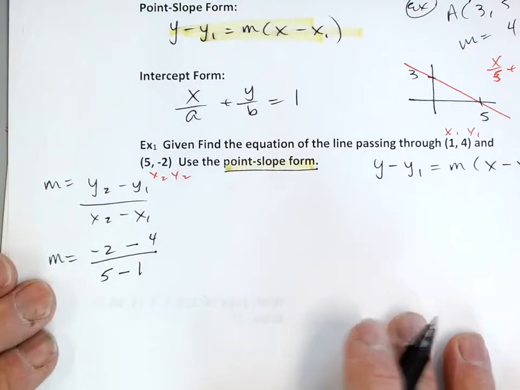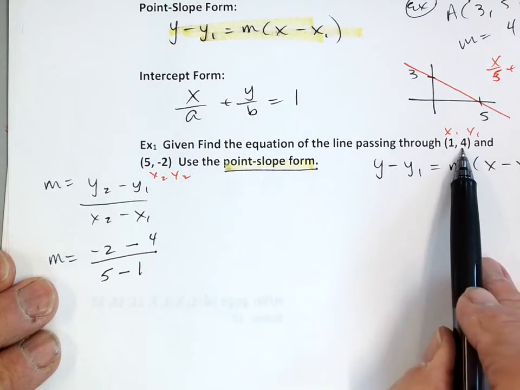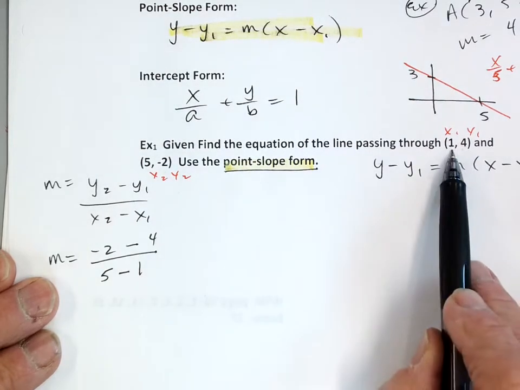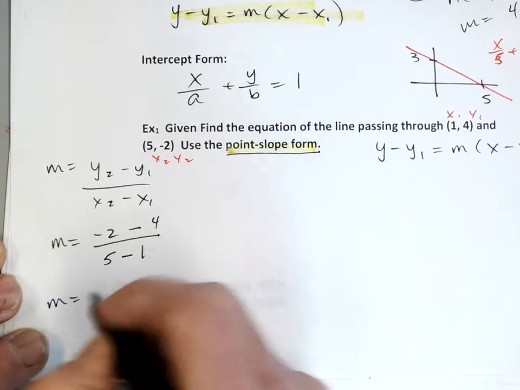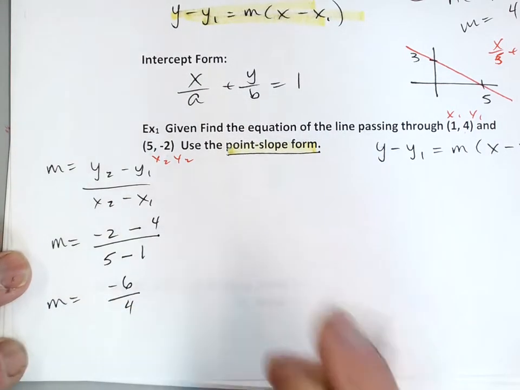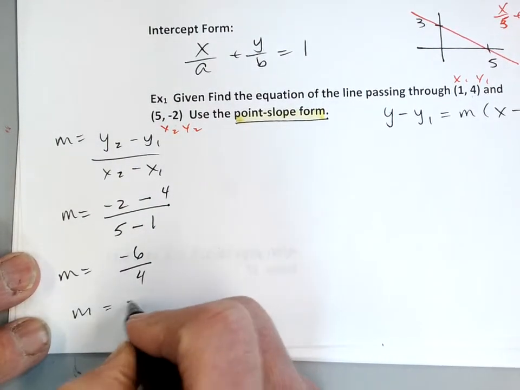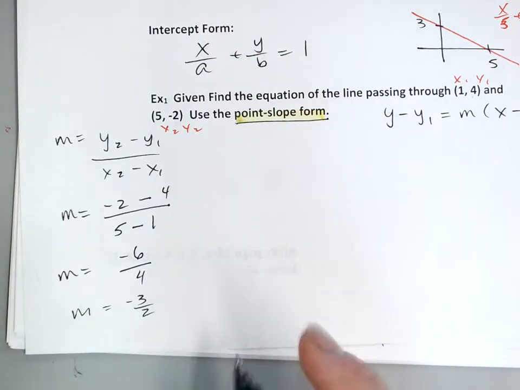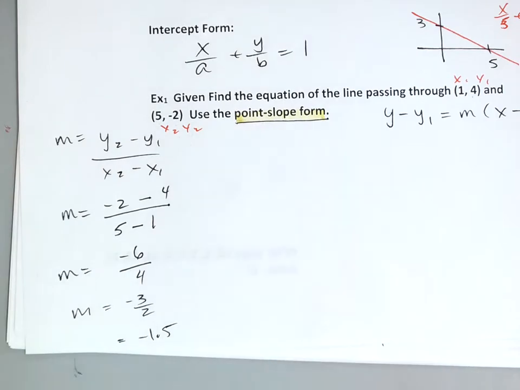Okay, there's my y2 minus y1 over x2 minus x1. If I simplify that, I'll get a negative 6 over 4, which becomes negative 3 over 2, or we could even use a decimal. It doesn't really matter to me. We could even use negative 1.5. It doesn't really matter, okay?